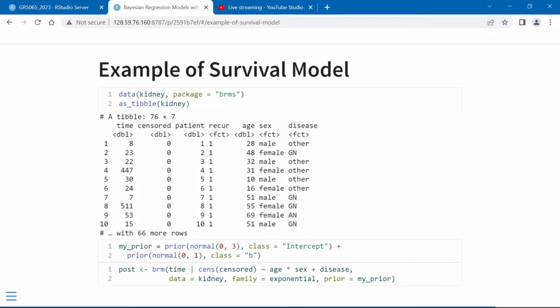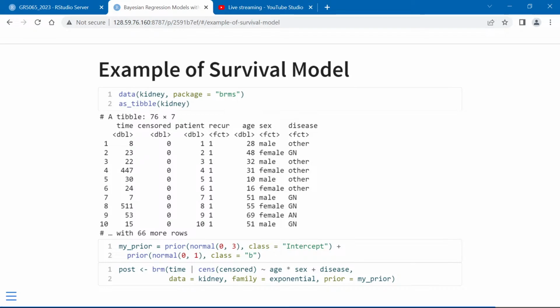I don't really know about priors, but I think they should be pretty small. The way in which we specify this in brms is time, vertical bar, which doesn't really mean given, it just means vertical bar. And then the censoring indicator is given by this: 0 if not censored, 1 if censored.